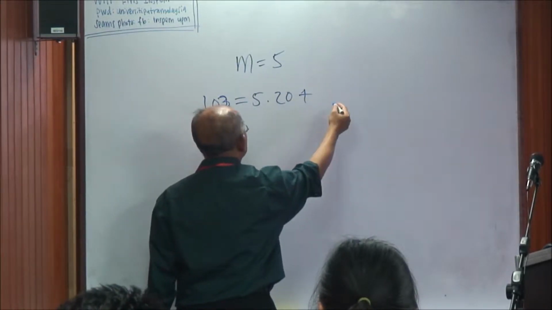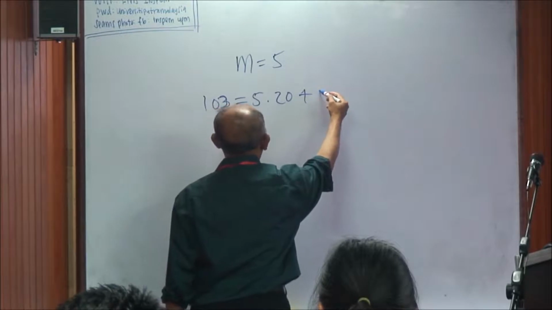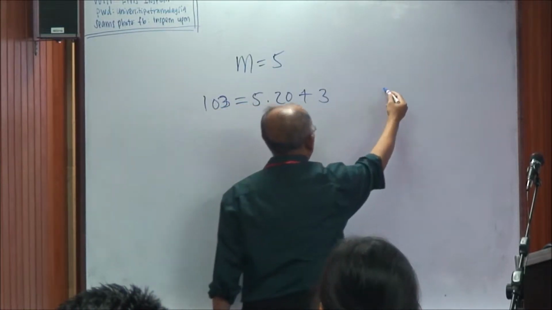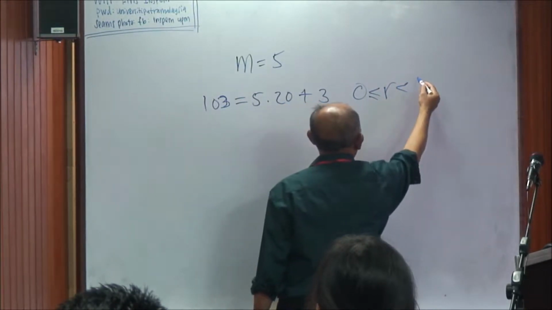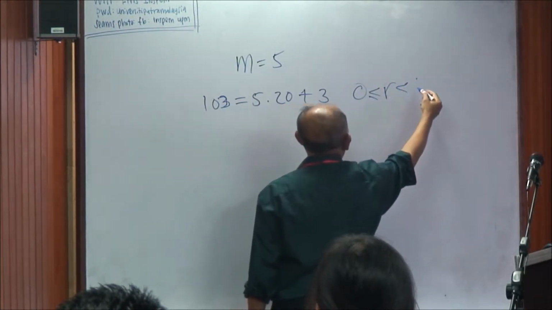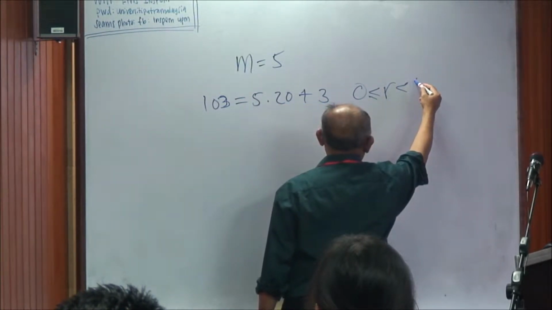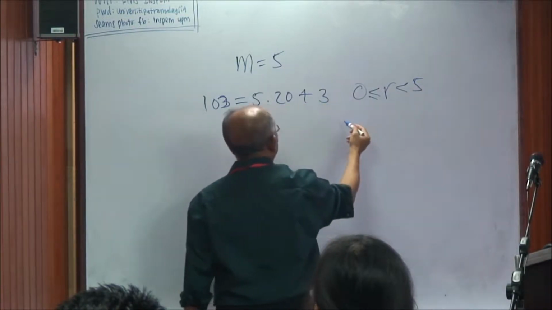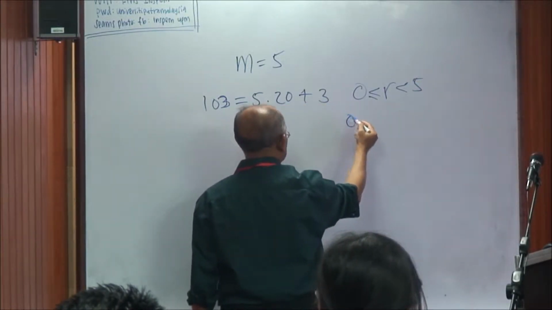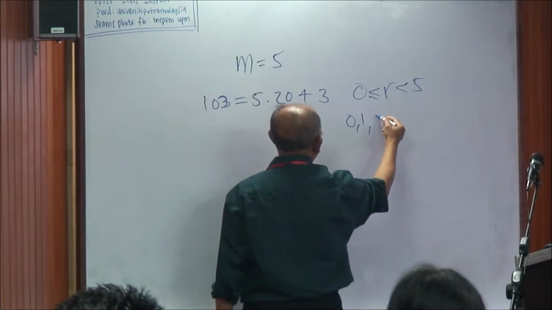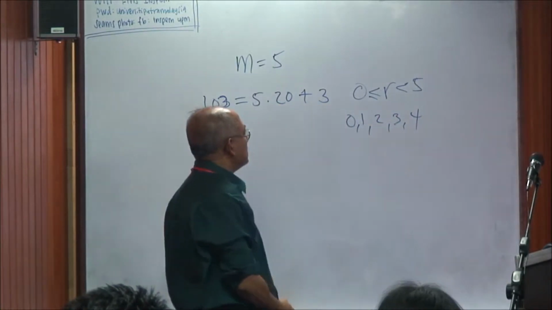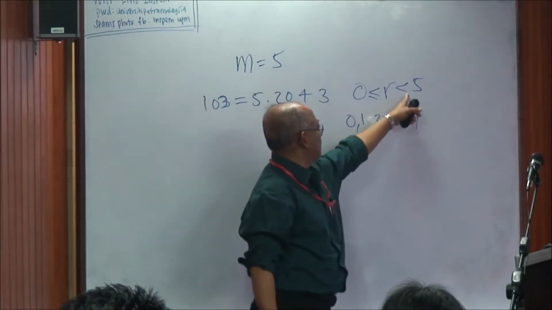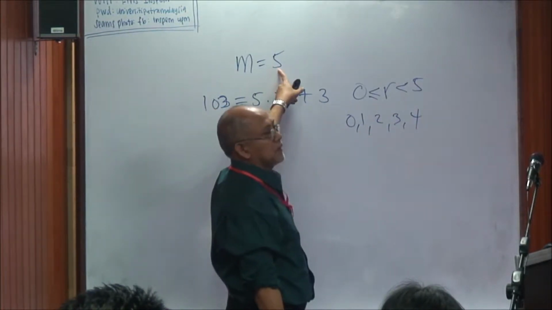And the remainder is 3, right? According to the division algorithm, this remainder must be between 0 and 5. So the possible values of the remainder are 0, 1, 2, and so on. It cannot go more than 5 because we are dividing by 5, right?